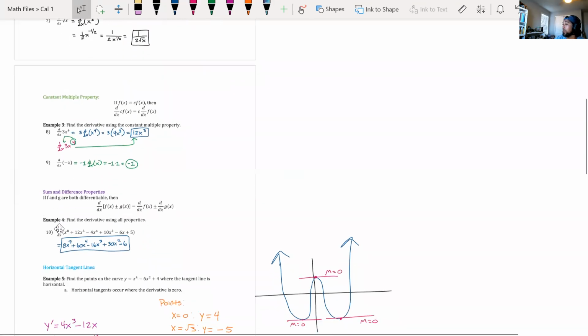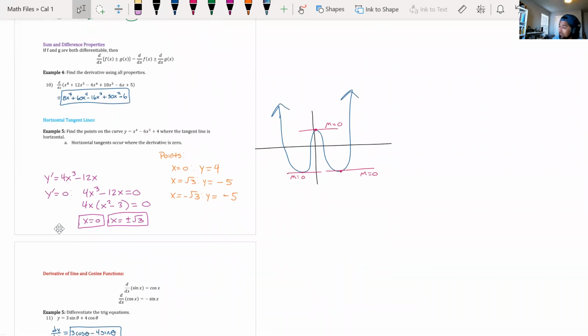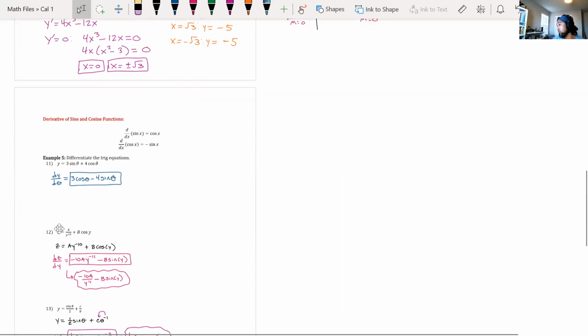I'm not going to keep them here for more than an hour. These are derivatives. As long as they know power rule, that's all you need in life. And of course, now the derivative of sine and cosine, which you can consider derivative identities if you wanted. But that's it. We're done.